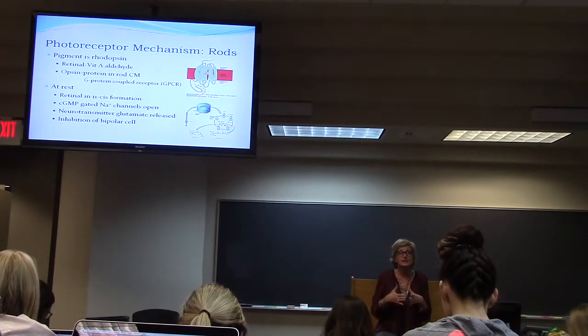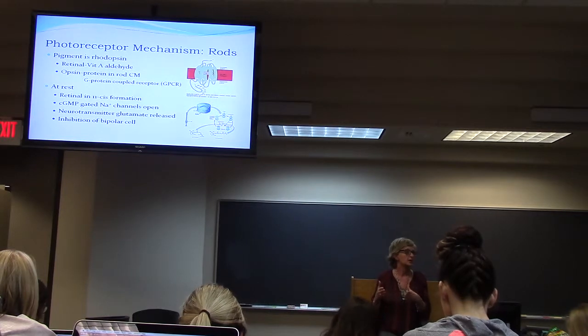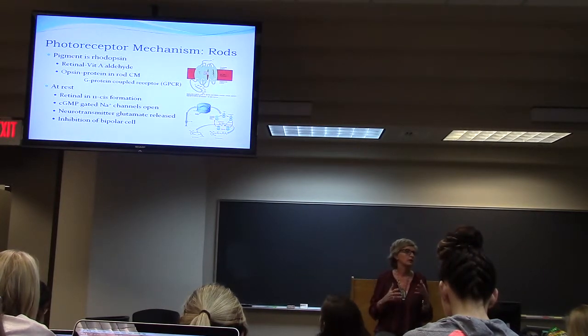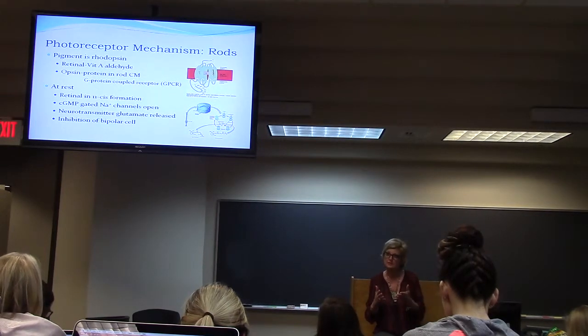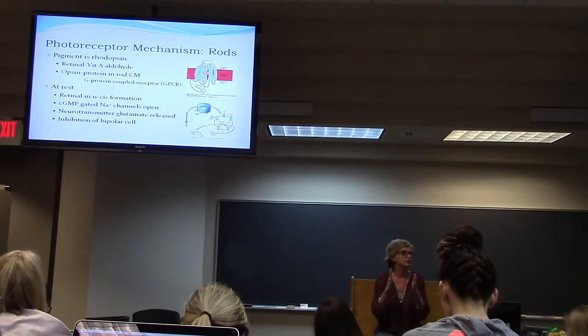There are cyclic GMP gated channels that allow sodium in. That's a very used over and over kind of coupled system, where cyclic GMP is present in the cell, the channels are open, and sodium flows in.